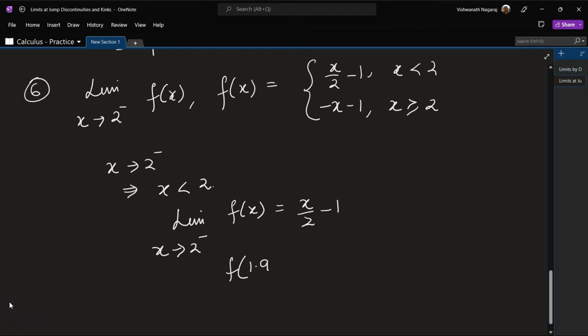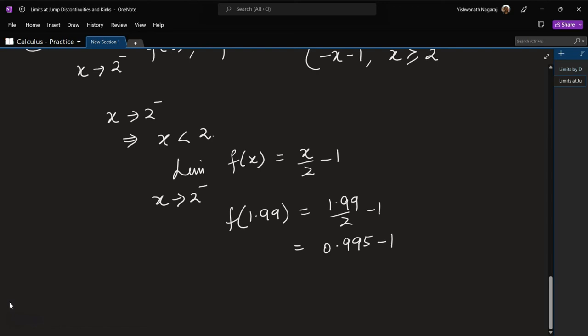Let's take 1.99: 1.99 by 2 minus 1, which is 0.995 minus 1, which will be minus 0.005. Now, if we take 1.9999, which is much closer to 2 from the negative side, it will become minus 0.00005.